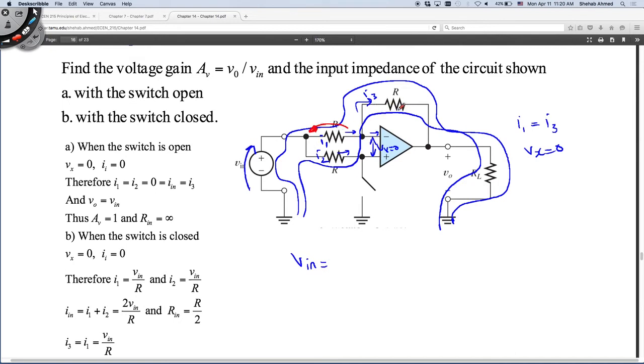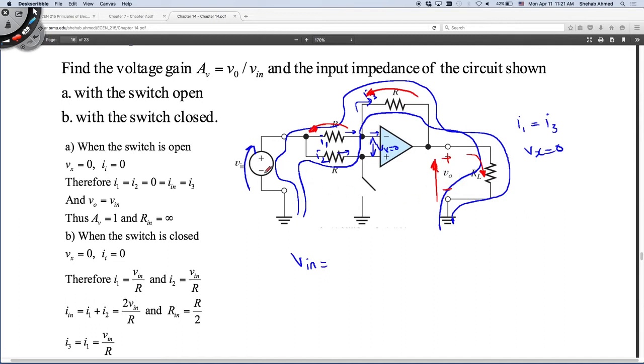Then this current, we said I1 is equal to I3, so there's a voltage drop this way across this resistor as well. And then this is my output voltage, with current flowing in the resistor this way, and the voltage drop here is V output. They define the polarity of V output here.